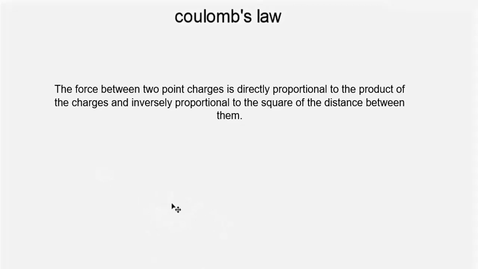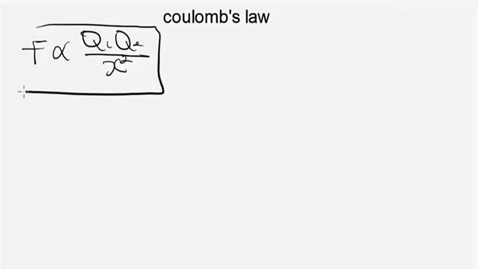Hence, we have that F, which is the force, varies as Q1, which is the charge at point 1, times Q2, which is the charge at point 2, over x squared, which is the square of the distance between them. So this represents Coulomb's law.